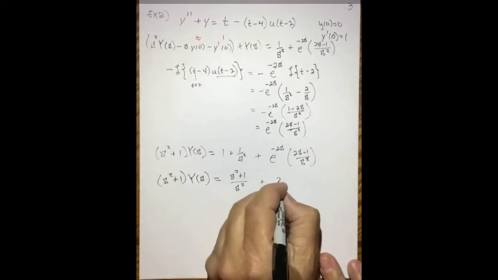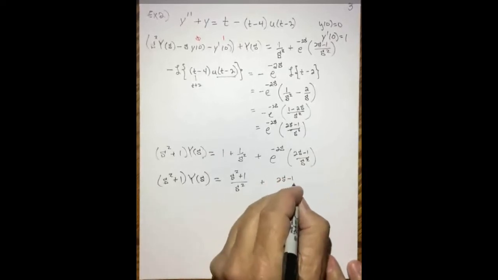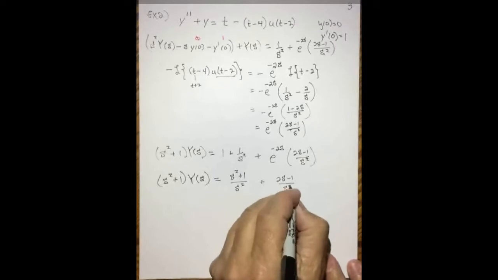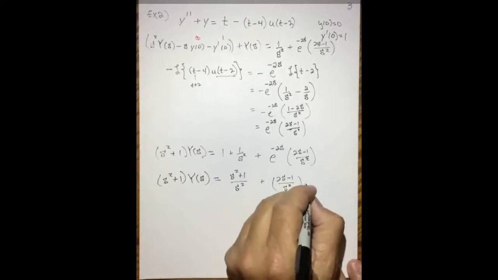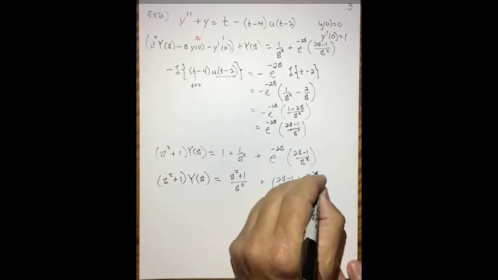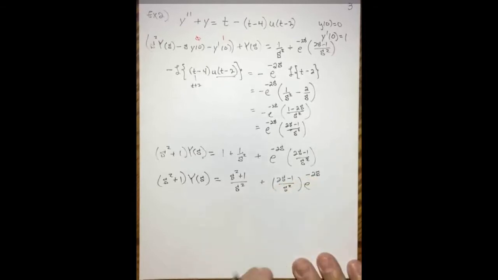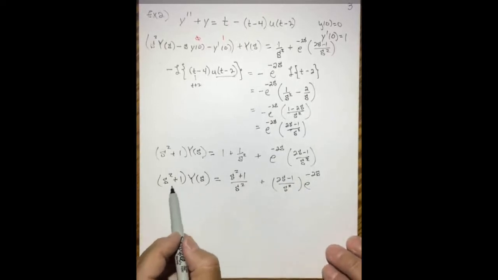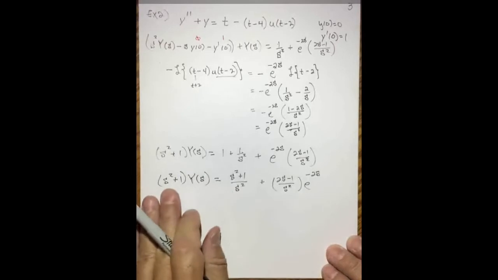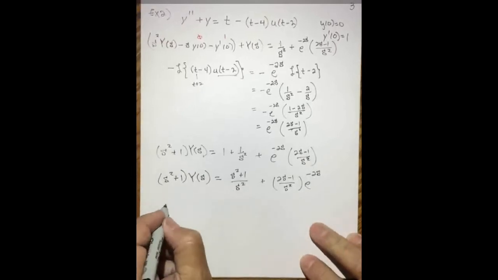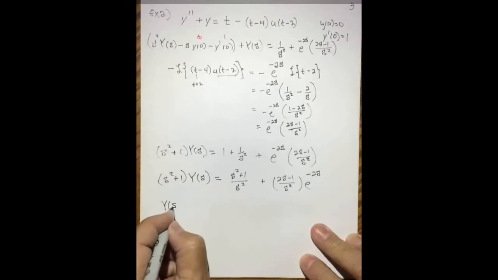And then I've got a 2s minus 1 over s squared e to the minus 2s. Okay? Now what I need to do is divide everything through by s squared plus 1. And we're going to have a little happy accident. Watch this.